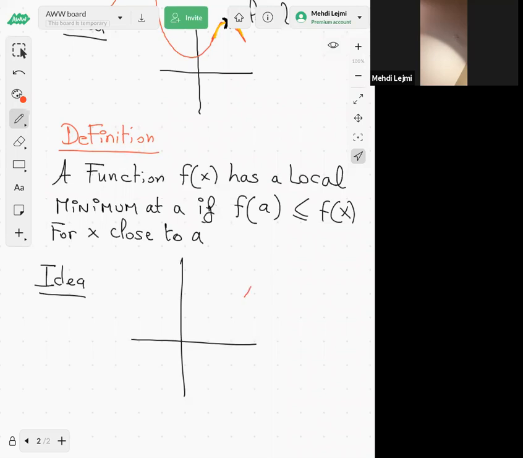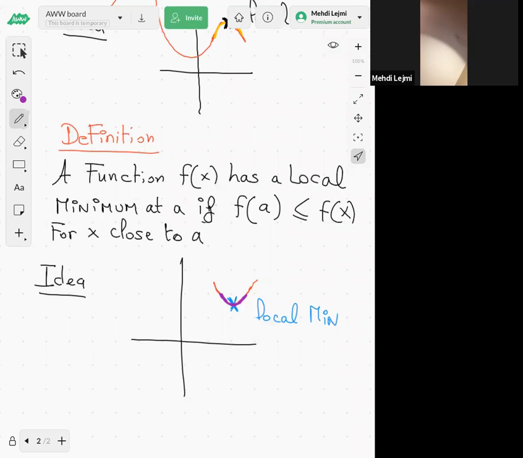Then this vertex, this point here, will be a local minimum, right? Because if you take a small neighborhood around the point, then the blue point would be the lowest point in the small neighborhood.